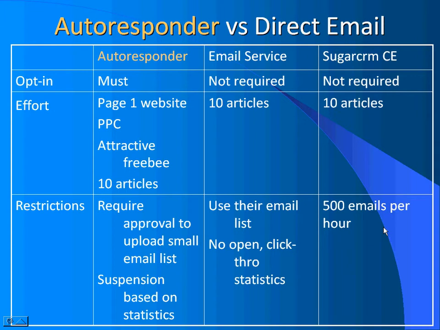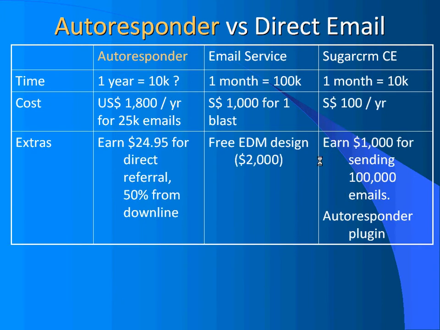Okay, the next thing is time frame. You use the autoresponder, you put out all the effort, all the freebies, and you collect your email subscriptions, and if you're very good, you might get 1,000 subscribers a month.